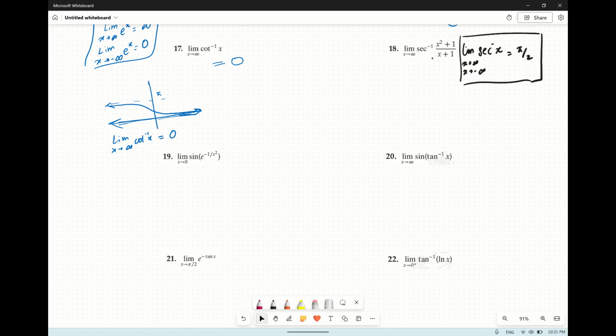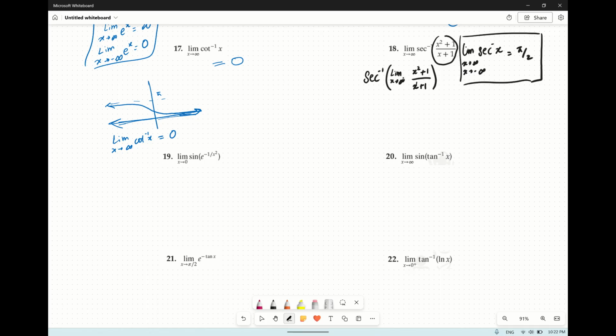So now doing this one, I have secant inverse of this as x approaches infinity. What I can do is find the limit of the inside one first. Now this is a polynomial. Degree up is 2, degree down is 1.